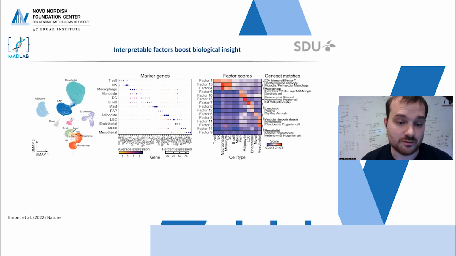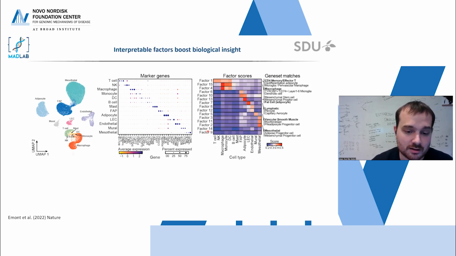We also saw a lot of cell type specific modules, and we also saw a few modules that actually did not appear to be expressed particularly highly in any cell type. And interestingly, we find that this factor 14 is actually enriched for genes that are likely to be ambient genes.